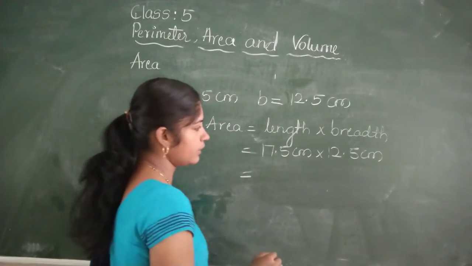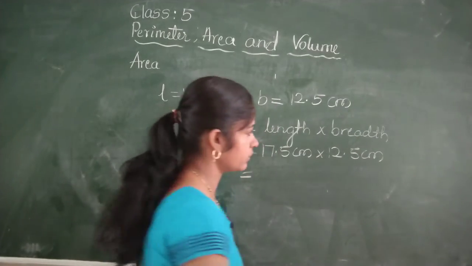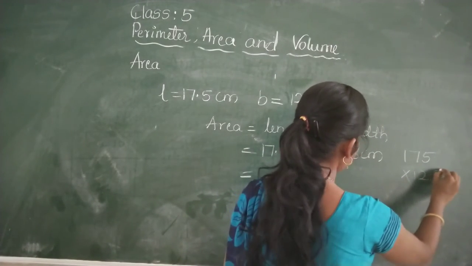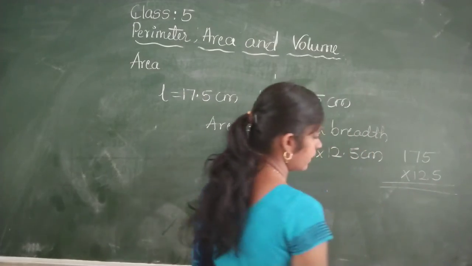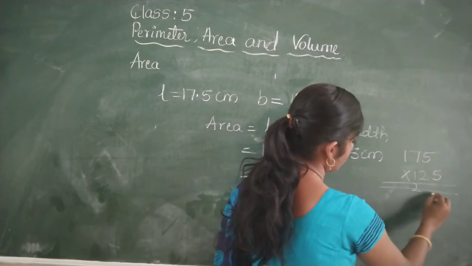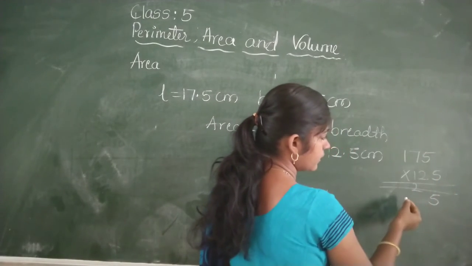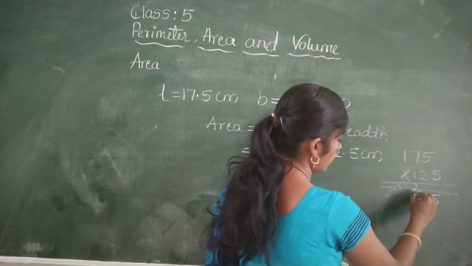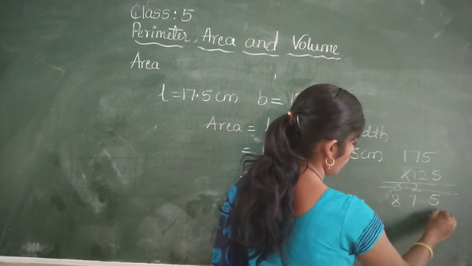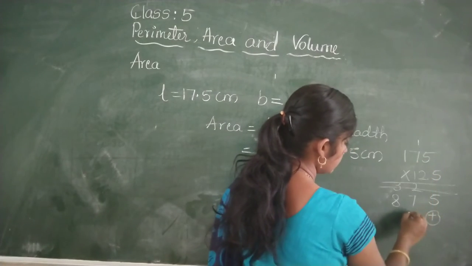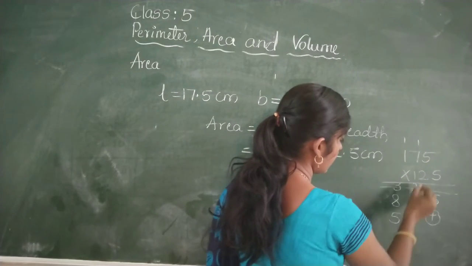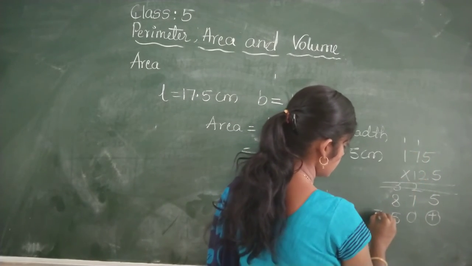So multiply here. For the time being, ignore the point. 175 into 125, multiply this. You know 3-digit multiplication. 5 5s are 25. 5 7s are 35, 35 plus 2 is 37. 5 1s are 5, 5 plus 3 is 8. Again you leave one place. 2 5s are 10. 2 7s are 14, 14 plus 1 is 15. 2 1s are 2, 2 plus 1 is 3.